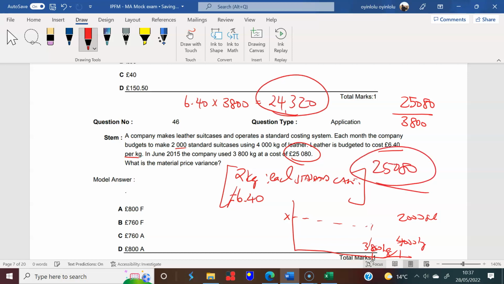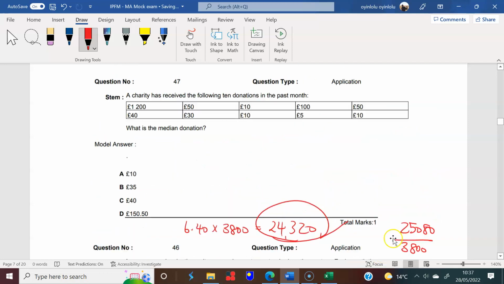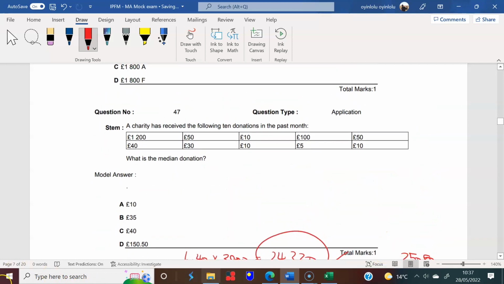So the material difference is the difference between those two things, and you have an adverse variance of £760. So that's 46.